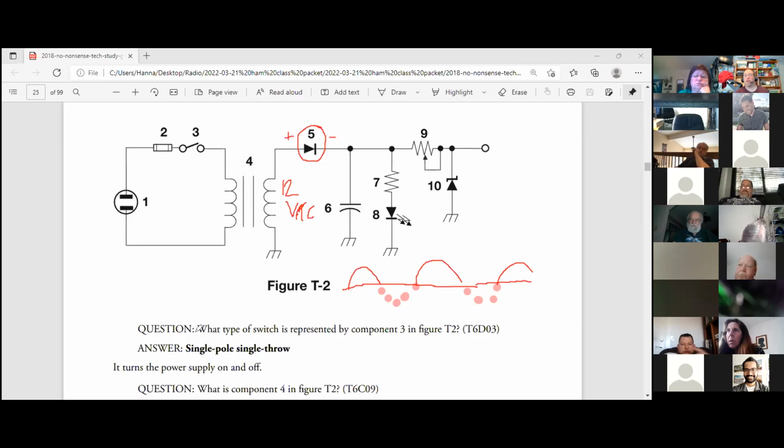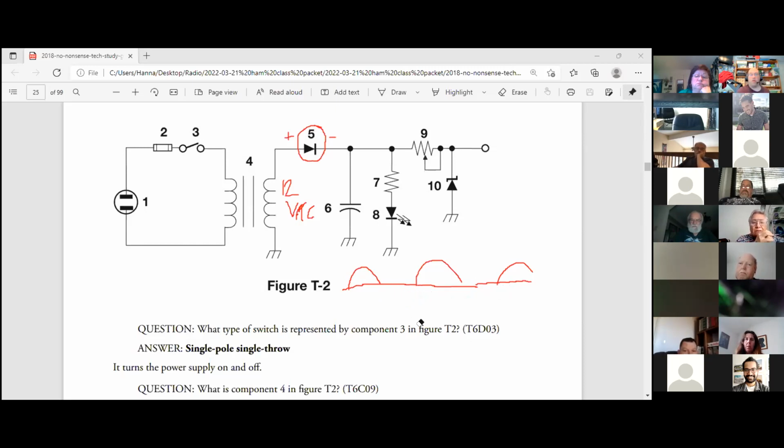How does it pick up again? Well, because it's still there. The voltage is still going up and down, but the diode doesn't allow the minus parts to go through because the diode is turned backwards. So what that does is effectively take these minus parts and make them disappear.